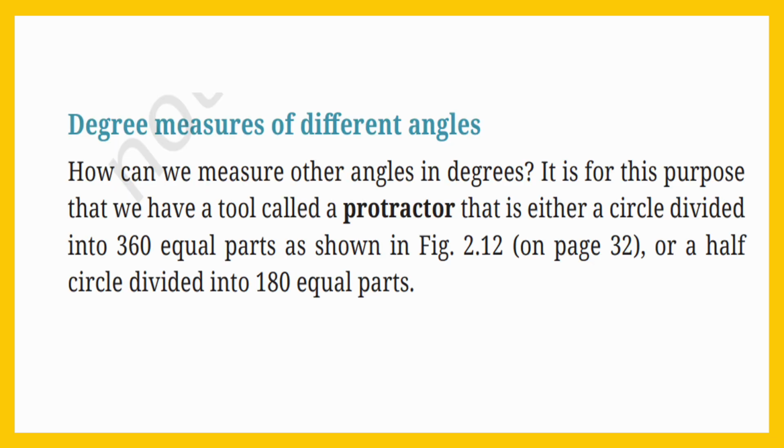Degree measures of different angles. How can we measure other angles in degrees? It is for this purpose that we have a tool called a protractor. That is either a circle divided into 360 equal parts or a half circle divided into 180 equal parts.